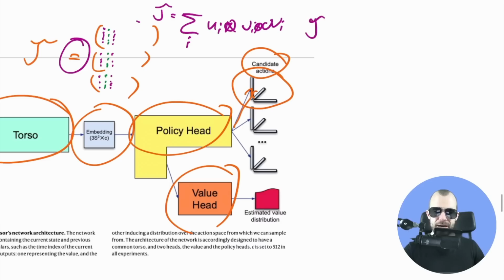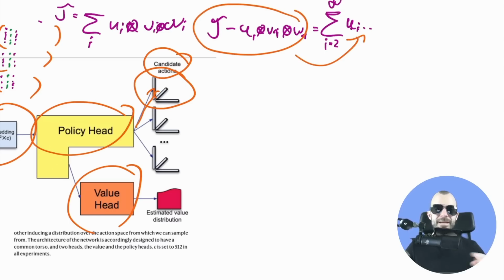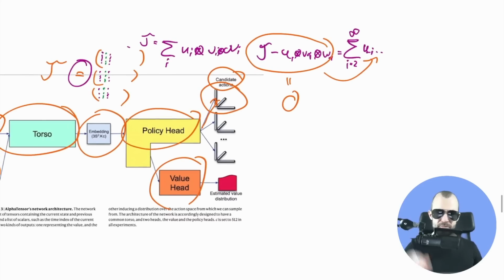Step two would be tau minus u1 outer product v1 outer product w1 must be equal to the sum of i equals 2 to potentially infinity of ui outer product vi outer product wi. So once I have an action, which is three vectors, I can subtract that from my original tensor. And then the goal is to find the next action to subtract from the original tensor. The game is over exactly then when this here is equal to 0, right? It can go negative in some entries, as you saw, but if all the entries of the tensor are 0, then the game is over.